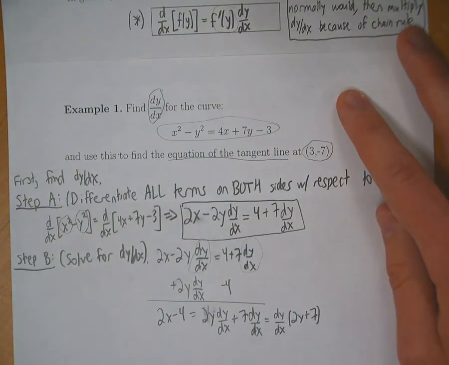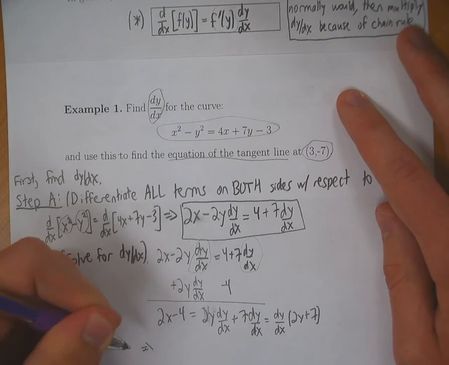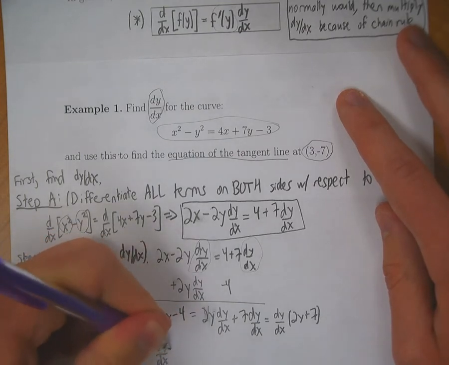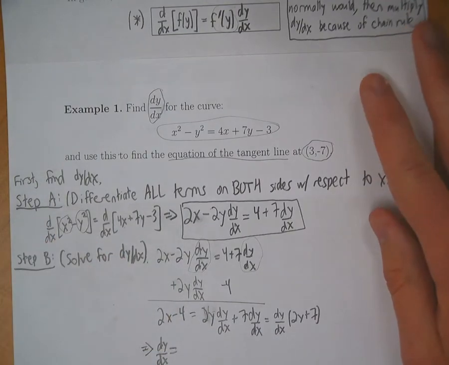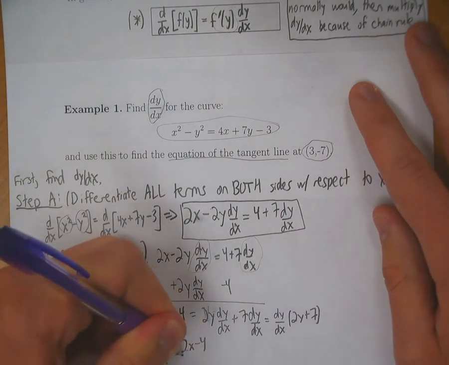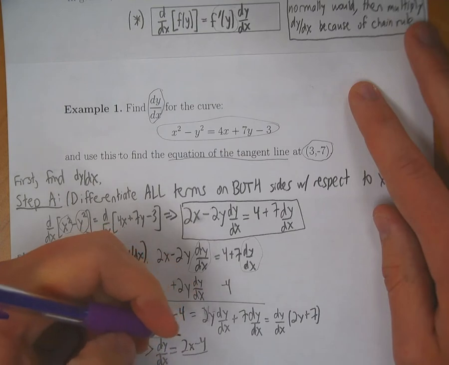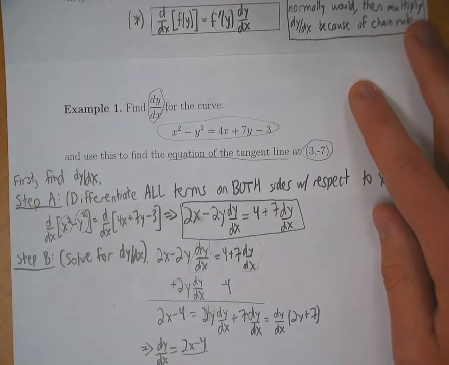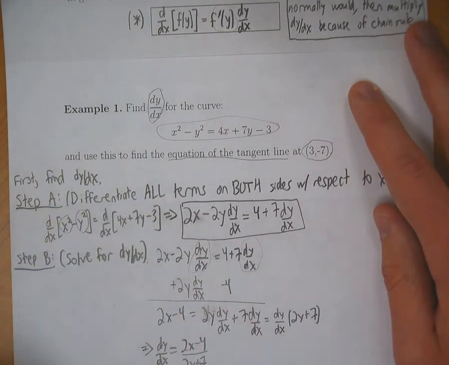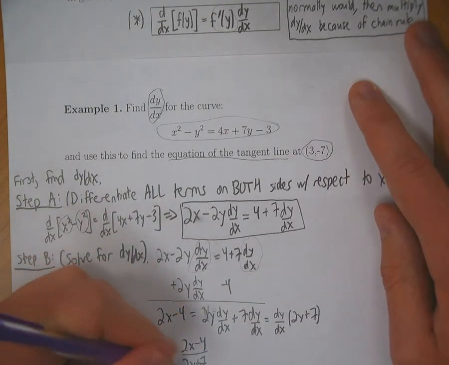Then this should pretty quickly tell you that dy over dx is equal to what? Go ahead. 2x minus 4 over 2y plus 7. So we have 2x minus 4 and then we just divide by 2y plus 7. Okay? So this is dy dx.